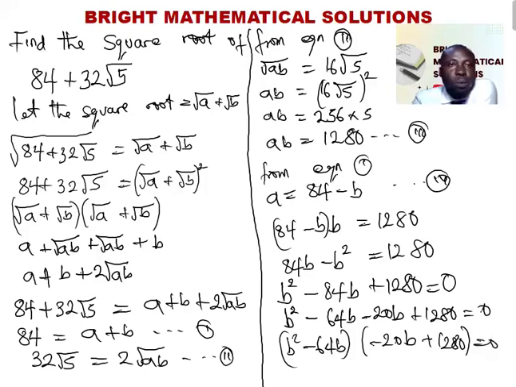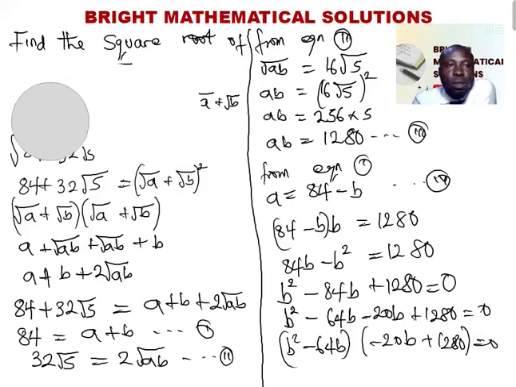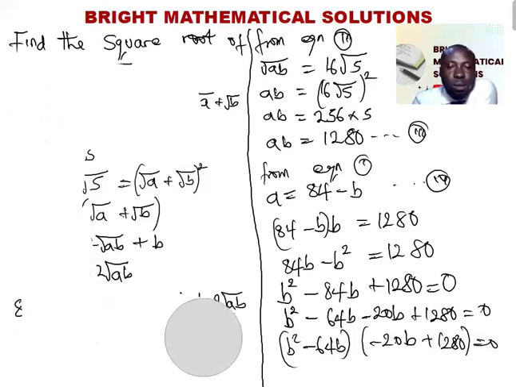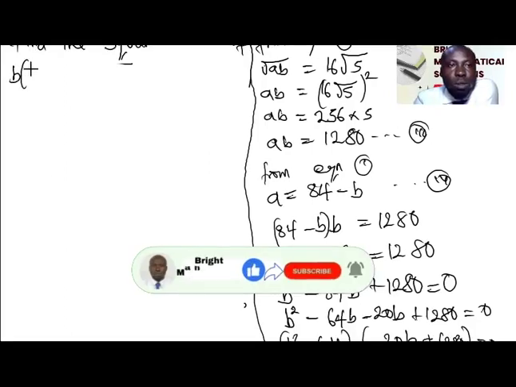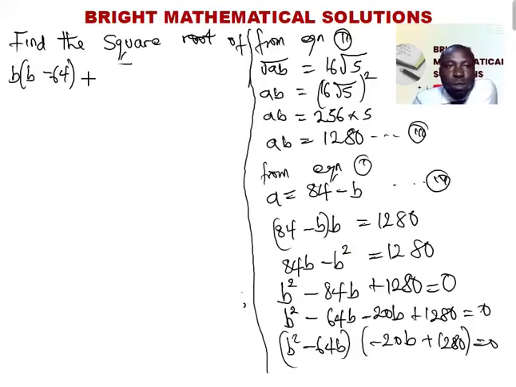Let us factor out B from the first two terms, which gives B minus 64. Factoring out minus 20 from the last two terms, we get minus 20 times B minus 64.